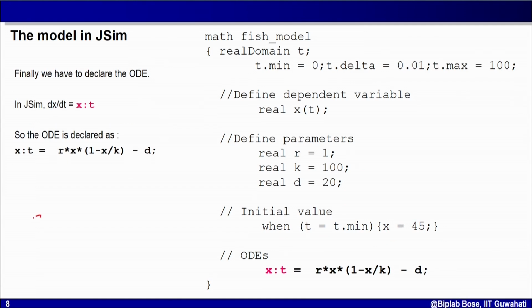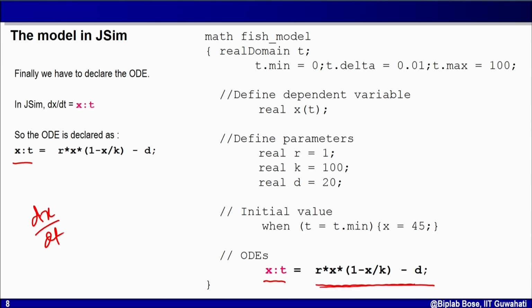Remember, the derivative of x is dx dt. That is represented by x colon t in JSim language. And as you remember, the equation is r into x into 1 minus x by k, minus d. It is as we have discussed earlier, ending with a semicolon. That's all. And JSim knows your model.